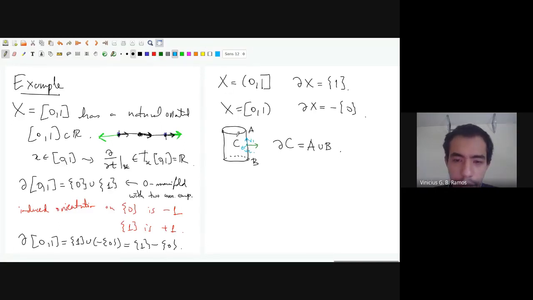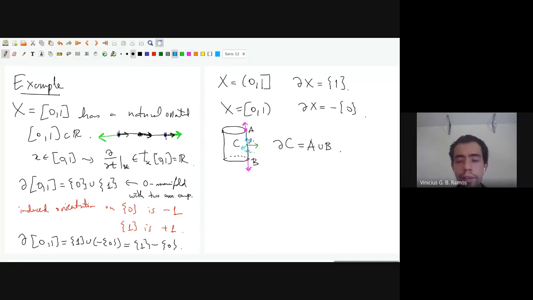So how do you do that? First you take a point in A, and you have to choose a normal vector that's contained in the tangent space to C. So there's just one unit normal vector that points outwards. And at B, the unit normal vector that points outwards points like that.